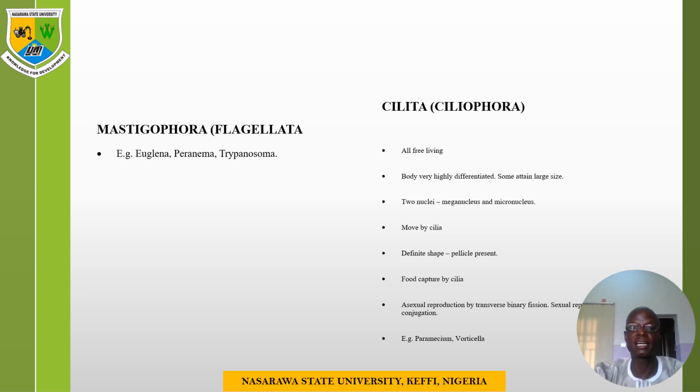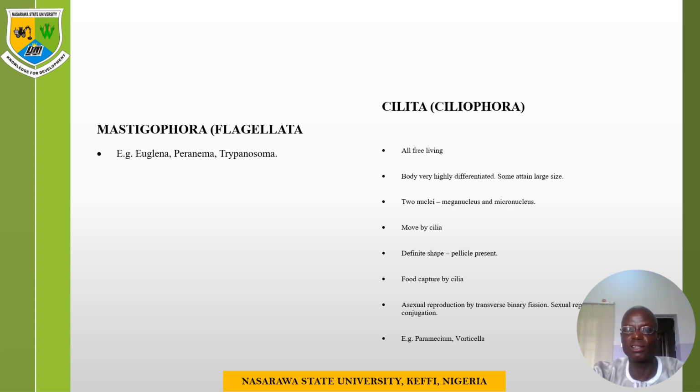We also have the class Ciliata, also known as Ciliophora. All of them are free-living. Their body is very highly differentiated. Some of them can attain large size. They have two nuclei, that is, a meganucleus and a micronucleus, and they move by cilia.